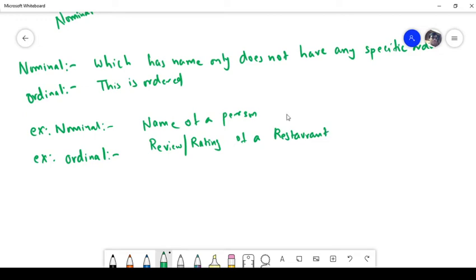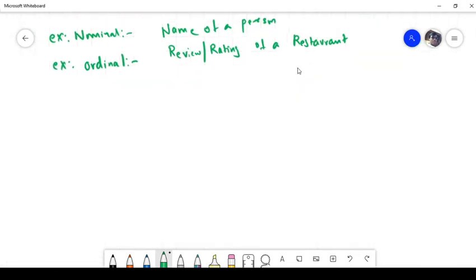Now, next coming to continuous. Continuous data is a type of quantitative data which can take on any value.